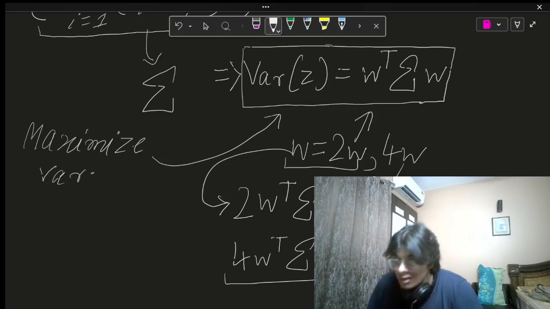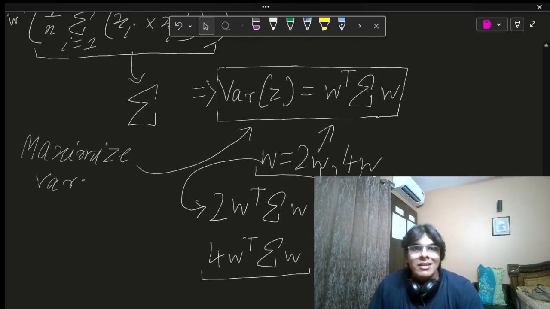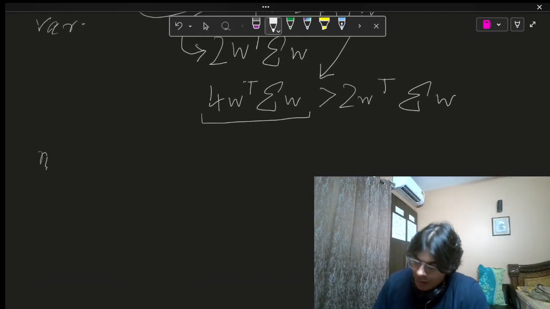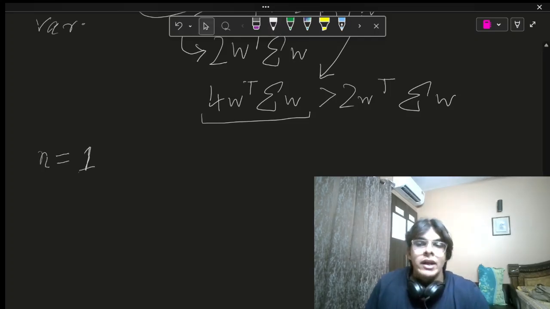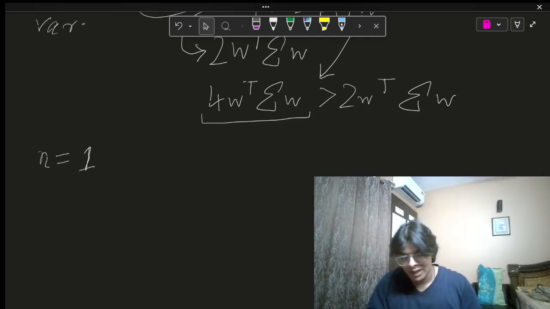Now, what is the point of this? Do you understand what's happening here? The variance is increasing arbitrarily. It does not have a pattern of increment. It's like I'm saying to you that you have a number n equal to 1, and I say increase this number as much as you can. Does this make any sense?